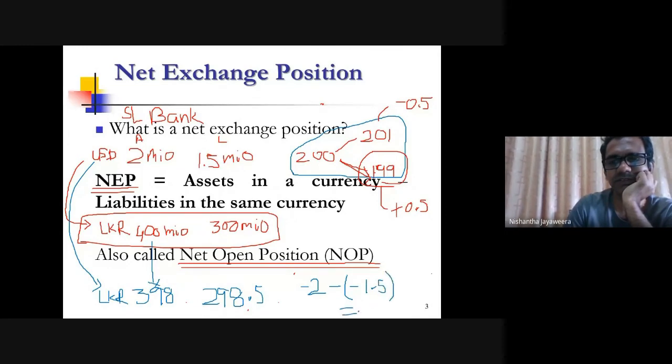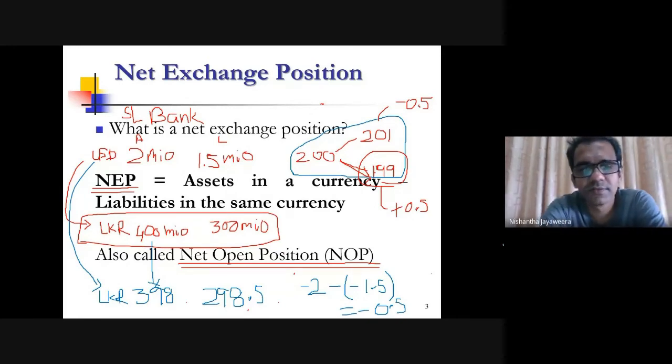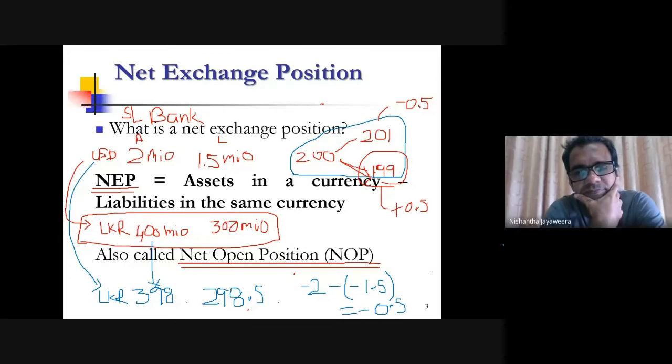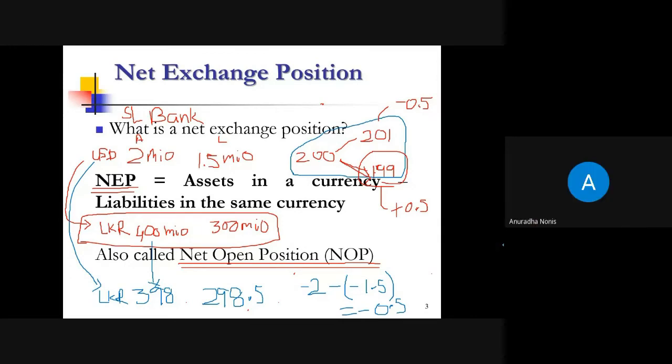The net difference would be minus 0.5. Whereas your assets decreased by 2 million and liabilities decreased only by 1.5 million, it's a loss, no, sir? It's a loss. Yes. Okay, got it, sir. Thank you.